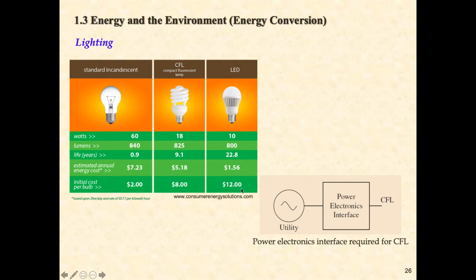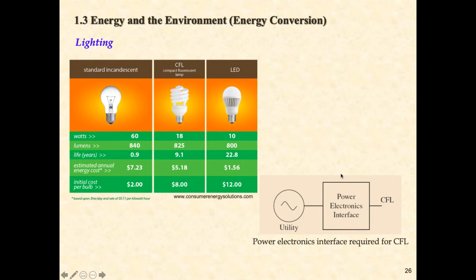Although the starting cost is relatively expensive compared to the other two, the average cost during the life of the LED should be much lower. So that's why LED is preferred to save energy and cost.